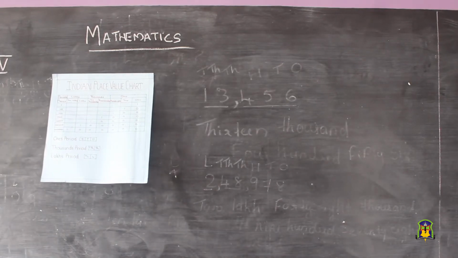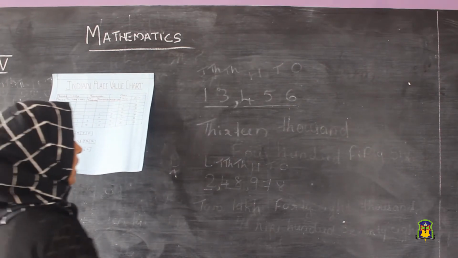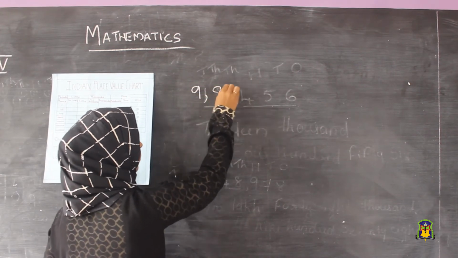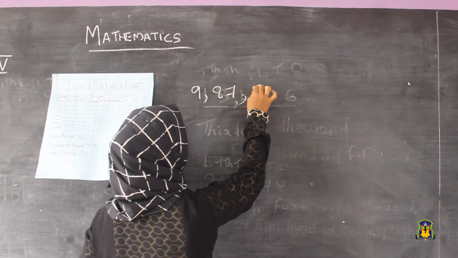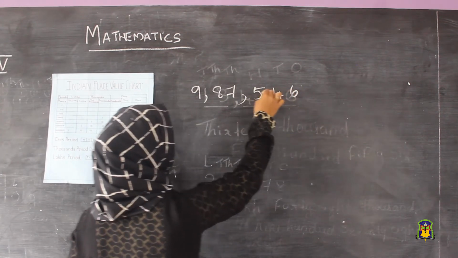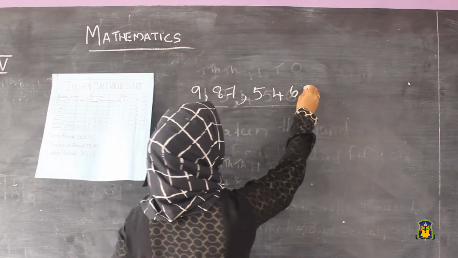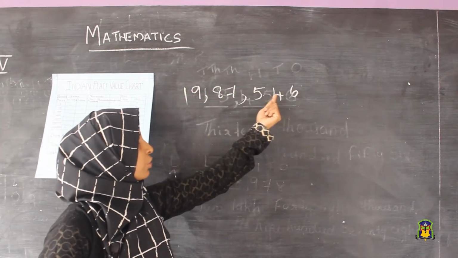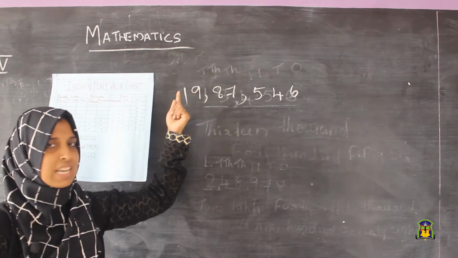Okay, I am going to write a 7-digit number. How many digits are there? 1, 2, 3, 4, 5, 6, 7.